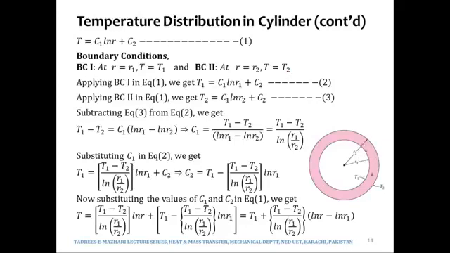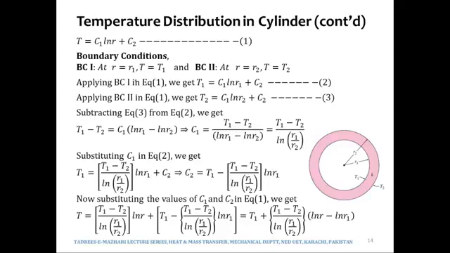So these are the two boundary conditions that have been shown over here, that at inner radius temperature is T1 and at outer radius temperature is T2. Means we know temperatures at the two radii, inner radius and outer radius. Now if we apply the first boundary condition in equation 1, we will do the same thing.